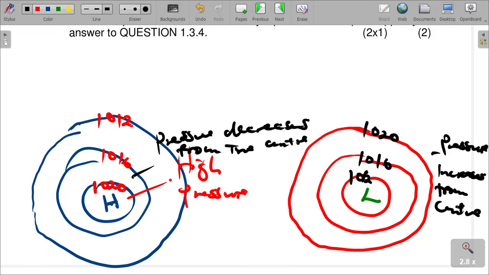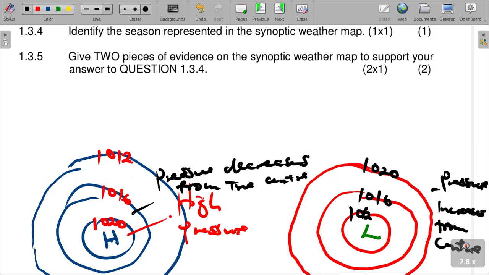So H is a high pressure and L is a low pressure. You should understand this so that you won't have problems in climatology.